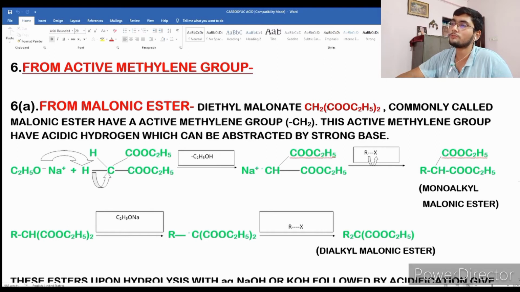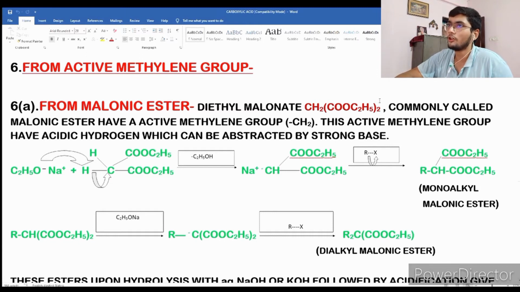Two of the ester groups are attached to this methylene group. These ester groups are minus R effect groups, so they will activate the CH2 group and make its hydrogens acidic in nature.